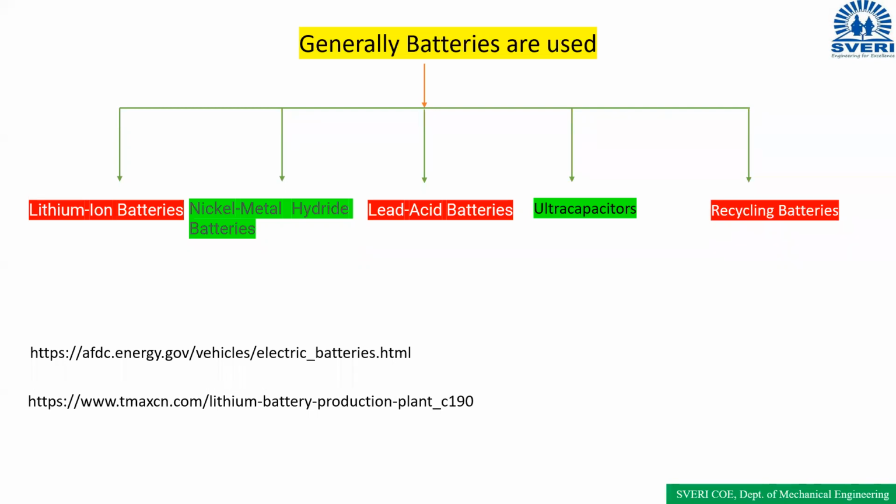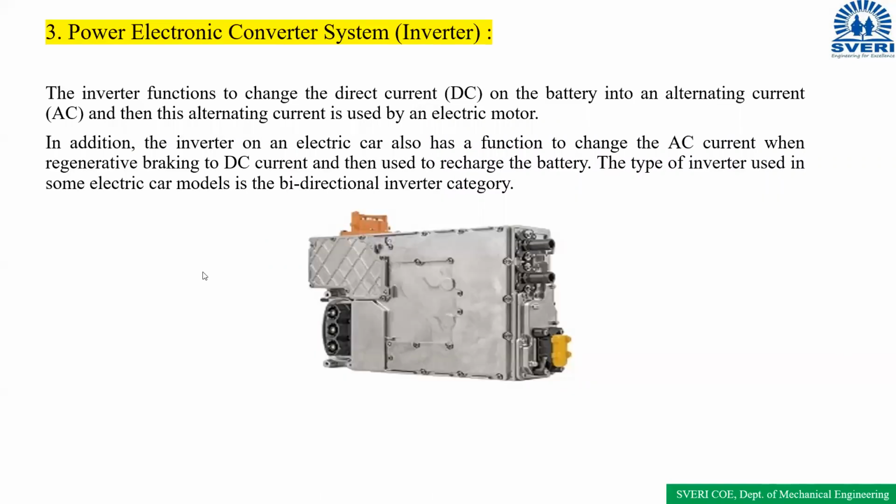Mostly these are the batteries we are using in electric vehicles, but from these, mostly we are using lithium-ion batteries. Nowadays, lithium-ion batteries are most popular. So we will see the operation later. Clear? Next, power electronic converter.